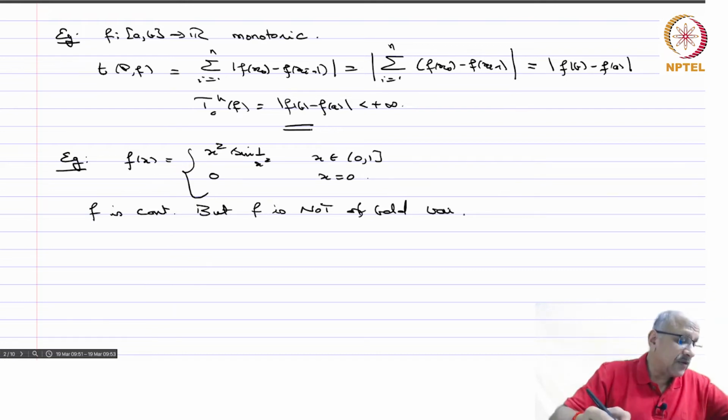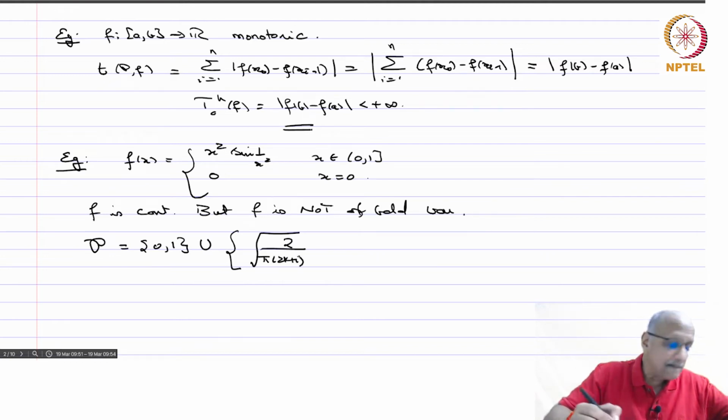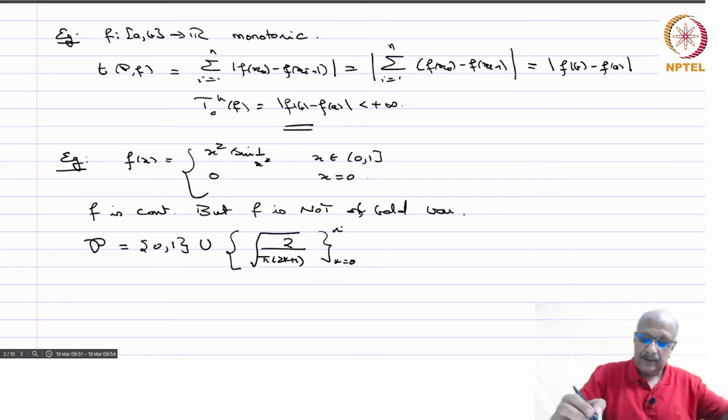So here's an example of a function which is not of bounded variation. To see this, let us take a partition P which is equal to the two points 0 and 1 union the points sqrt(2/(π(2k+1))), k = 0 to n.